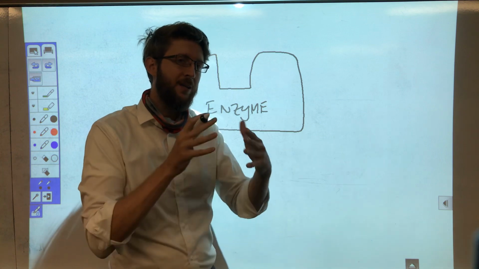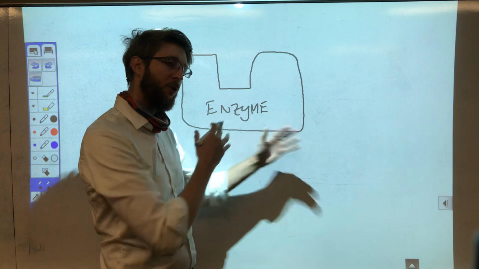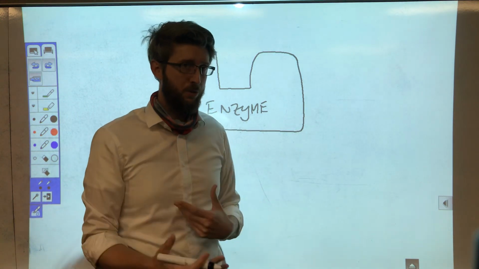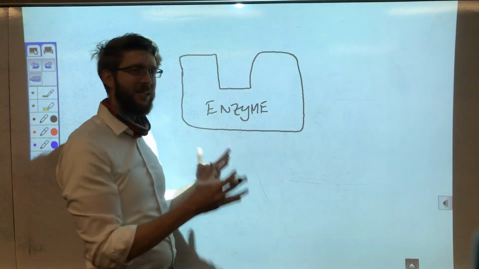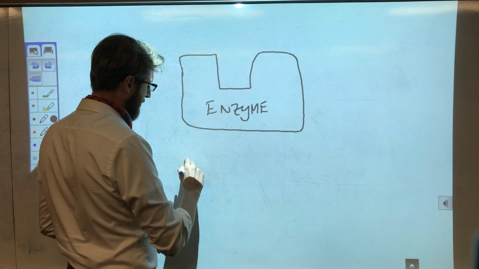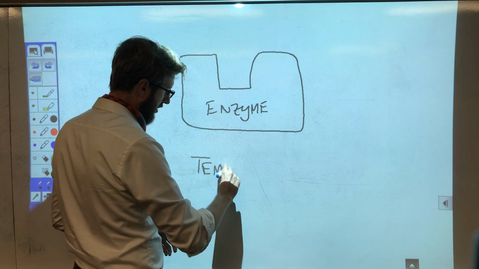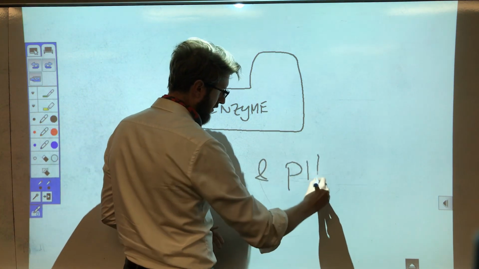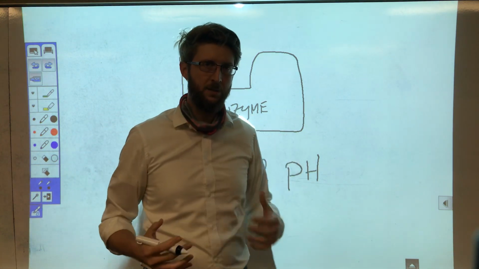If your body gets out of the right conditions, these enzymes don't work, your body can't do its job, and then you get sick or you die. Now, what are the two things that your body needs to maintain in order to be able to function properly? The two things are temperature and pH. pH is how acidic or basic your body is.